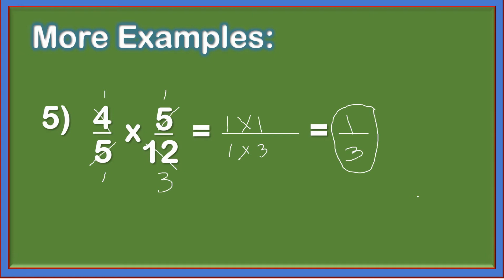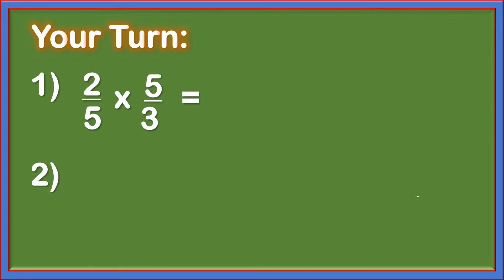Okay, sana nakuha nyo. Alam ko nakuha nyo. Okay. It's your turn. For number 1, I will give you 2/5 times 5/3 equals blank.